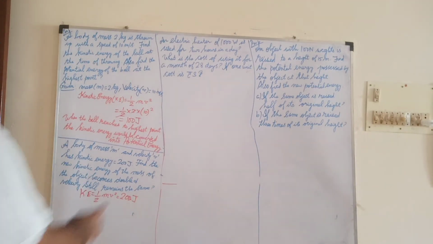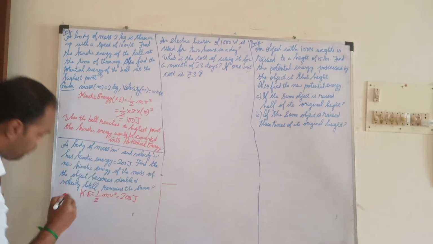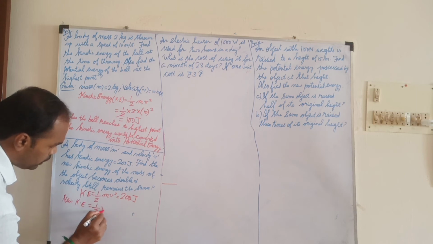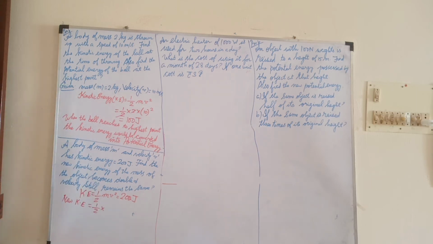So now find the new kinetic energy, they are saying. The mass of the object becomes double and the velocity still remains the same. So please identify: 200 joule is the kinetic energy.